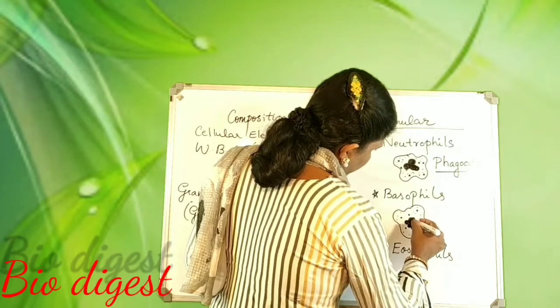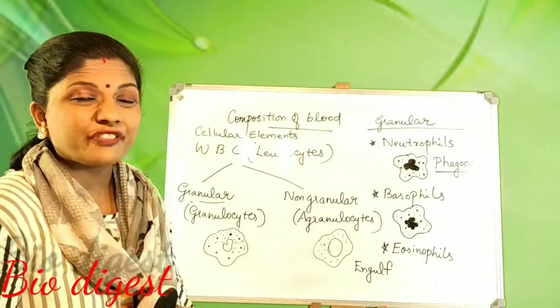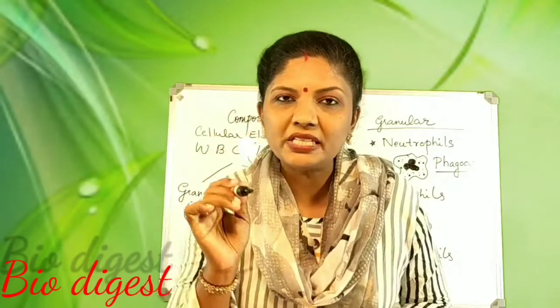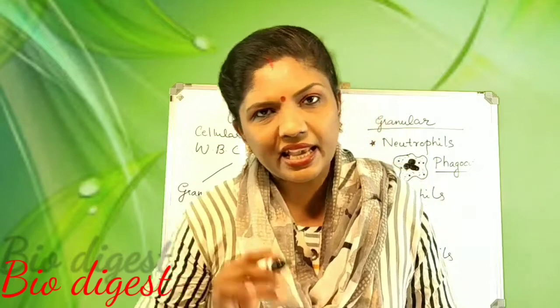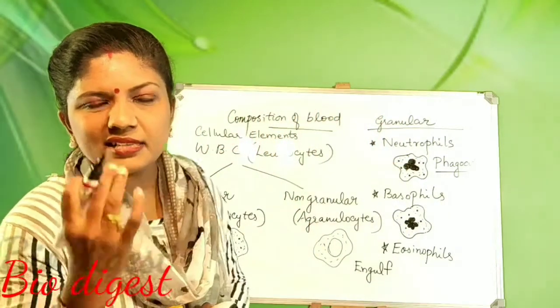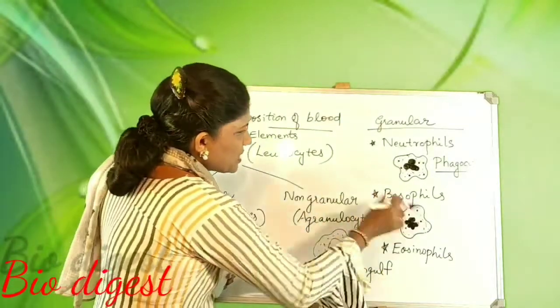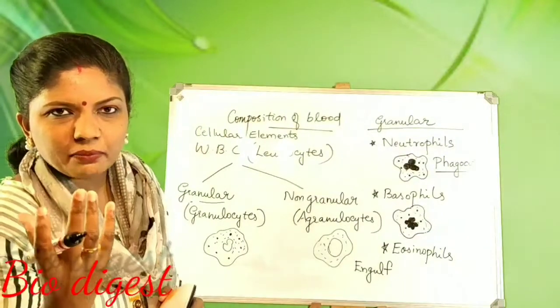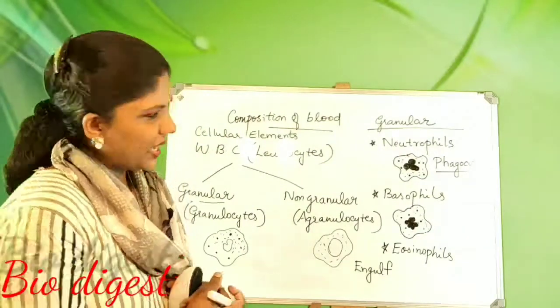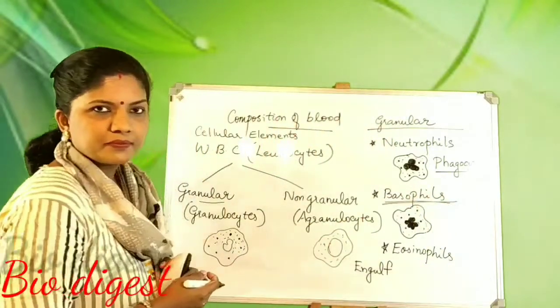Indistinctly lobed means it is basophils. So the granules will be taking up basic stain, that is methylene blue. Okay, there is a stain called methylene blue. So these granules have the capacity to take up that basic stain, so they are called basophils.